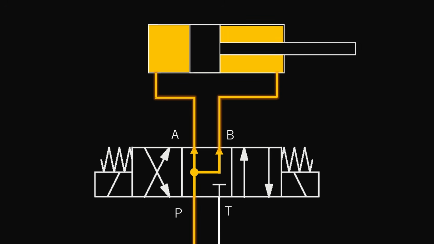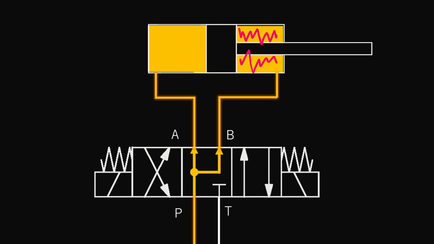Now, as the piston moves forward, the oil from the rod side must leave the cylinder, but the tank port T is blocked. So the oil cannot go back to the tank.